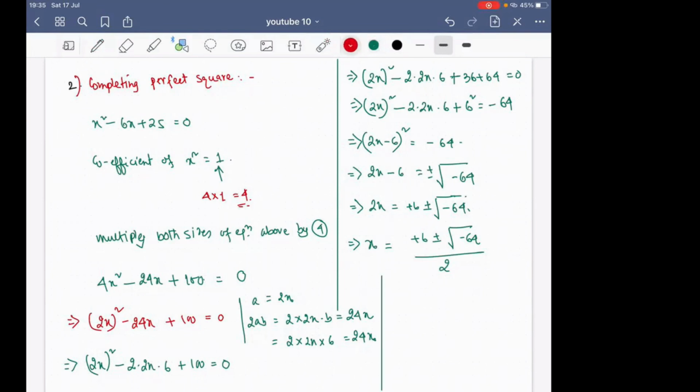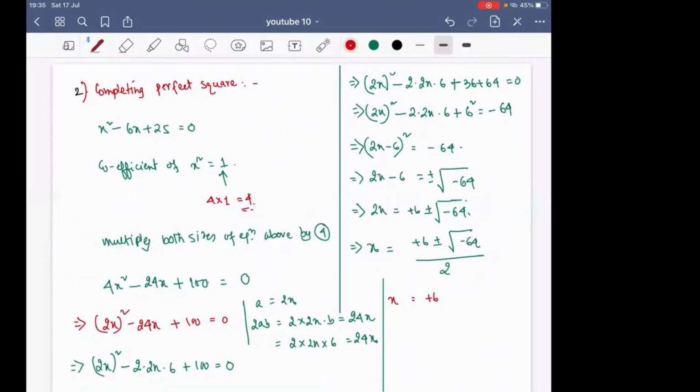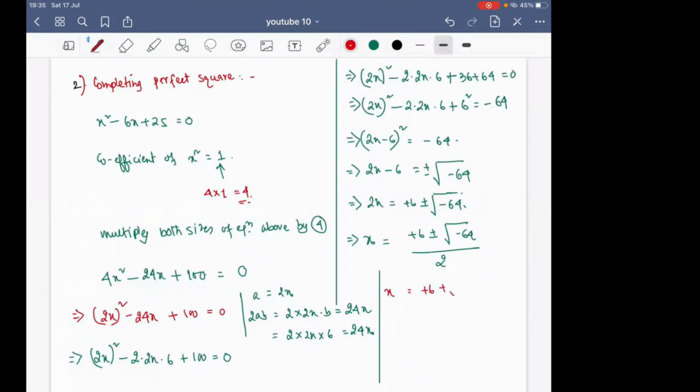Look, one of the values you can take as plus, another value you can take as minus. So x, we can put it as plus 6 plus root over minus 64 divided by 2.